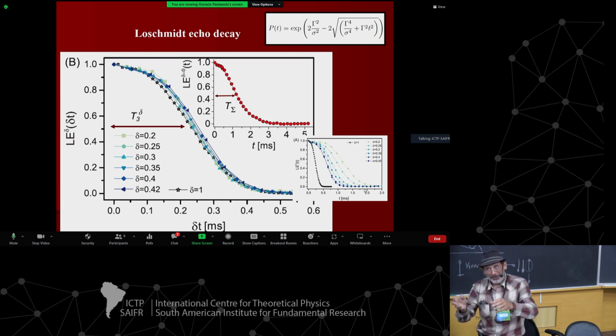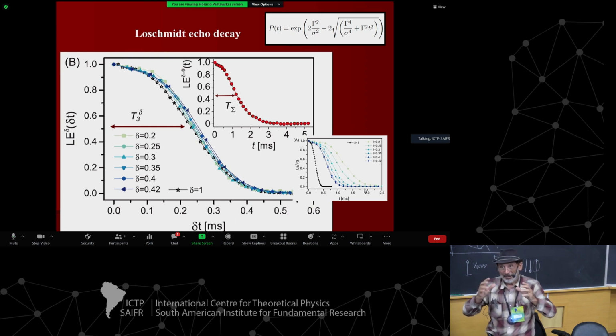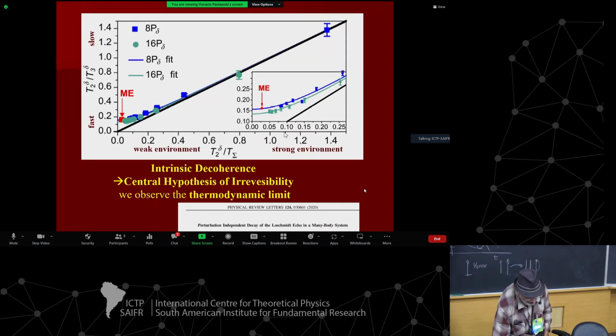To have different values of the Hamiltonian, I do the same pulses. It's only different values. And then I do all this dance to go nowhere, and that's why I have this decay. So this decay of the Loschmidt echo is just of these residual terms. That's our way to know the residual terms.